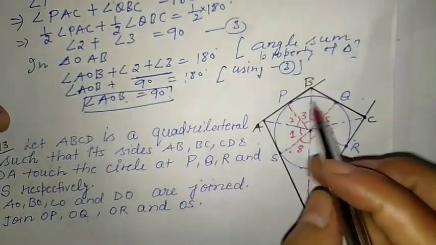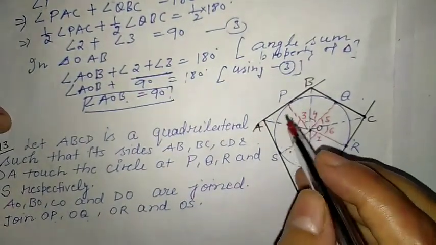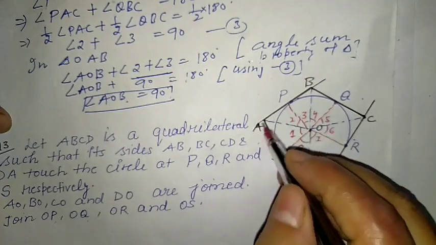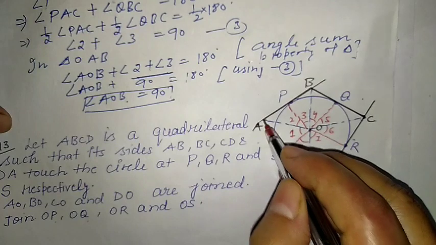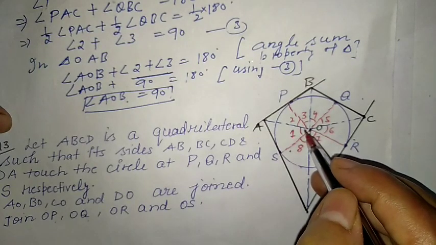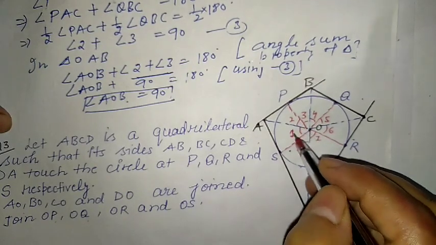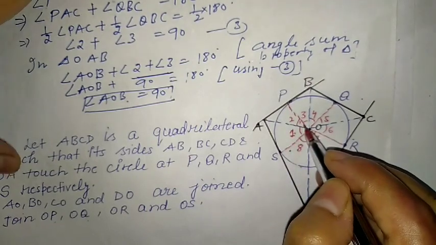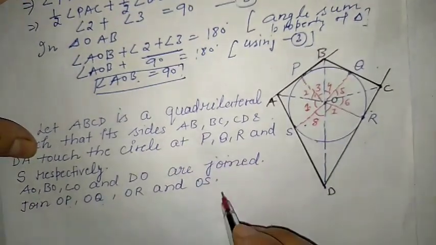So we know that theorem we have discussed in the previous video: the tangents drawn from an external point to a circle subtend equal angles at the center. These two subtend equal angles at the center. This we have to write here, the cause.